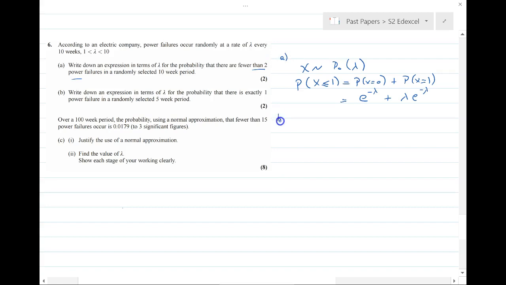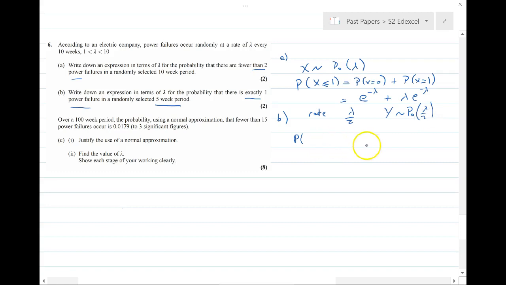Second part, write down the expression in terms of lambda for the probability that there is exactly 1 power failure in 5 weeks. So now the rate changes to lambda over 2. And we want the probability that, let's call that Y, be Poisson lambda over 2.